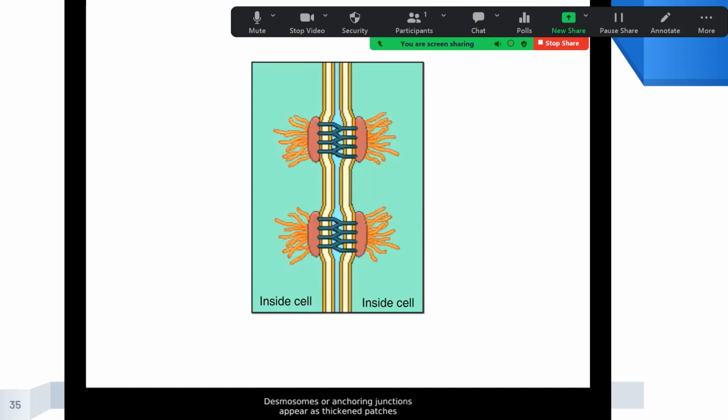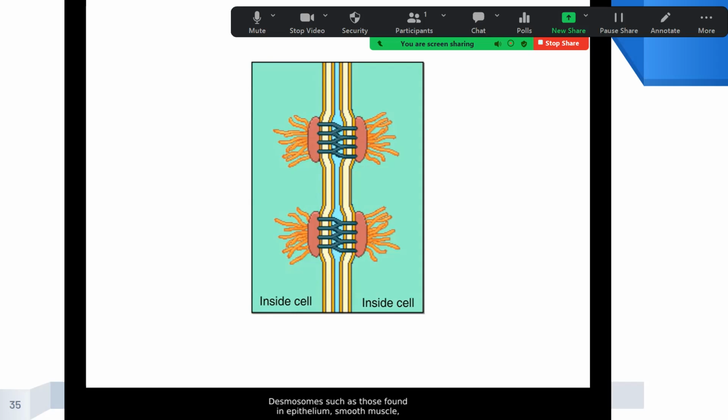Desmosomes, or anchoring junctions, appear as thickened patches in the cell membrane region between two cells. Desmosomes contain specialized proteins, such as keratin, the same protein found in fingernails and hair, that increase the rigidity of tissues.